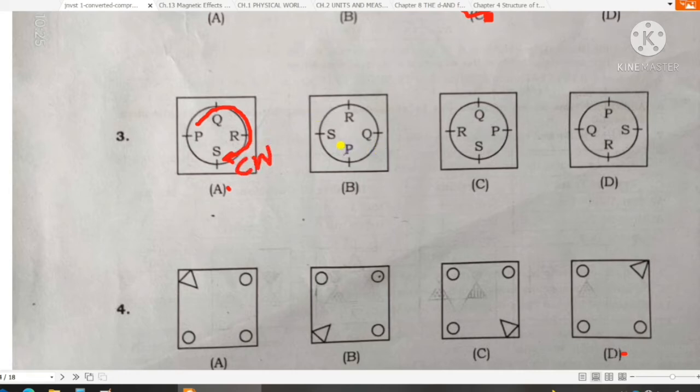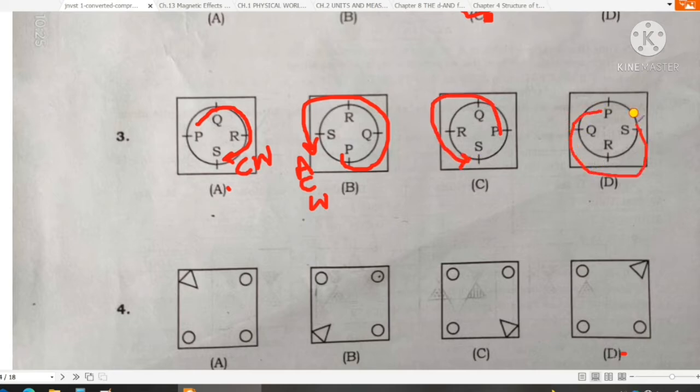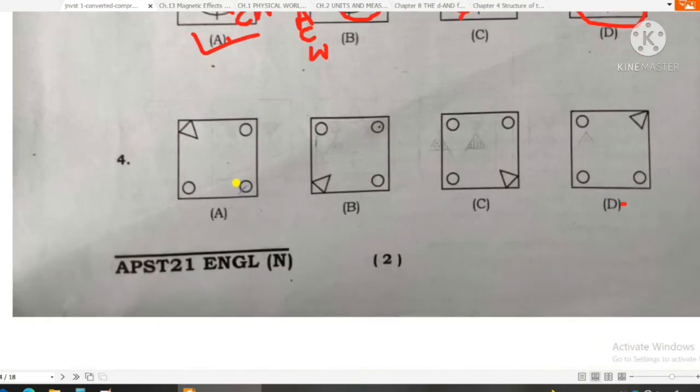Here P, Q, R, S are sitting this way, and this is an anti-clockwise pattern. Here also this is anti-clockwise and this is also anti-clockwise. So the answer is option A. Third question, answer is option A.